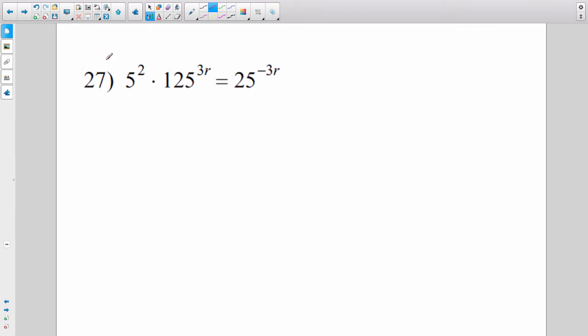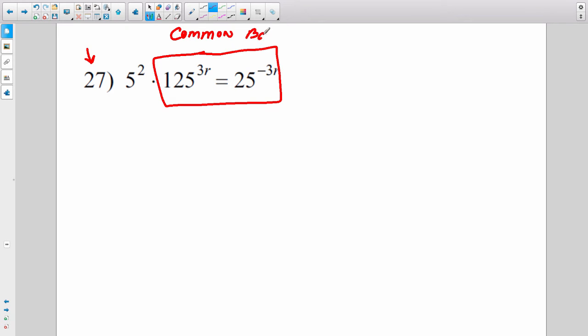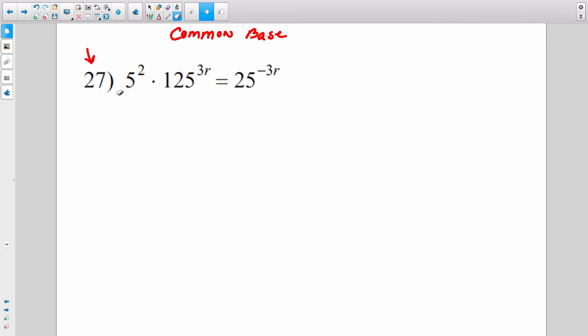I wanted to go over this question, 27, just because if you look here, it's a common base question, right? It's an equation where you're looking for an exponent value, so you make them a common base and cross them out. But I wanted you to know that it's the same story even if you have 3 expressions.